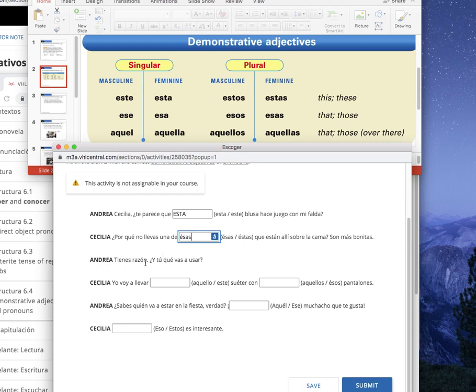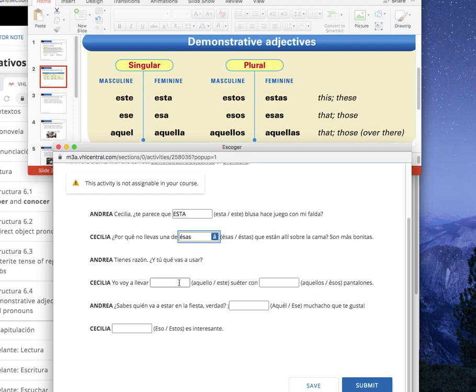Andrea contesta, tienes razón. ¿Y tú? ¿Y tú qué vas a usar? Cecilia responde, yo voy a llevar blank suéter con blank pantalones. So tenemos dos respuestas aquí. Okay, so pause it for a moment. And we're back.